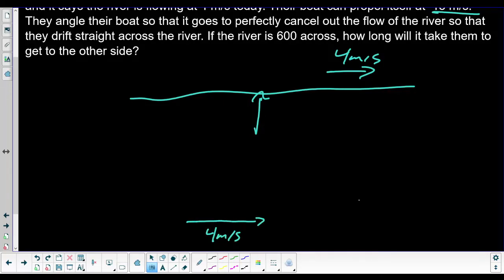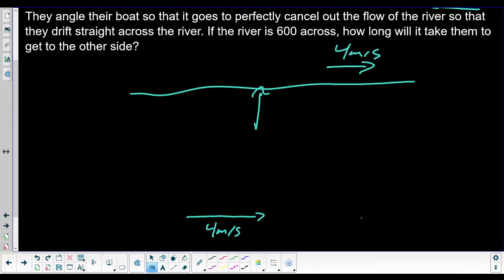Then we have a 15, and this is not going to be to scale. Disclaimer. We have a 15 meters per second velocity that we can point in any direction we want. So we need to point this so that we're canceling out this 4 meters per second. So if we drag this over here, we're going to turn it a little more.